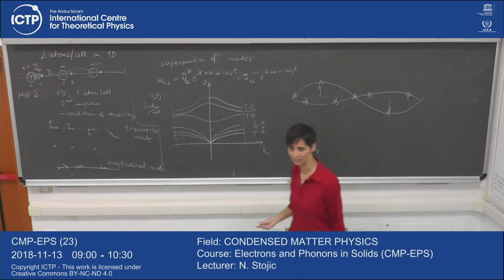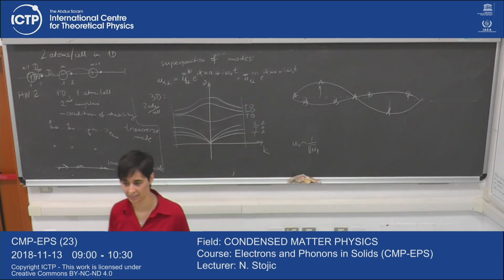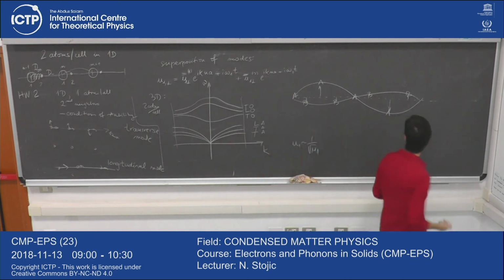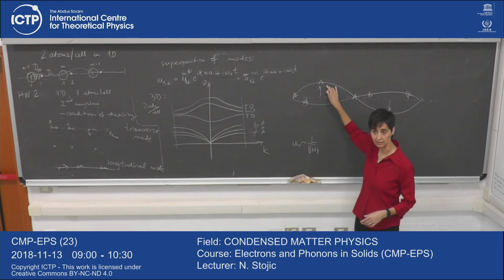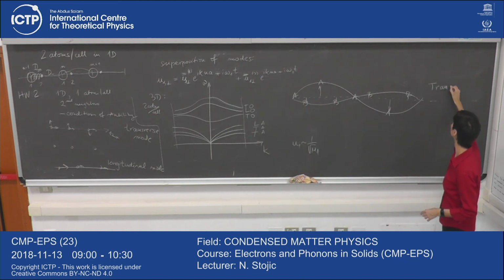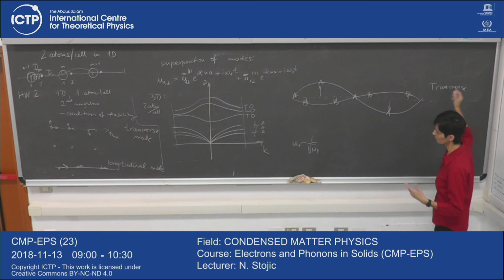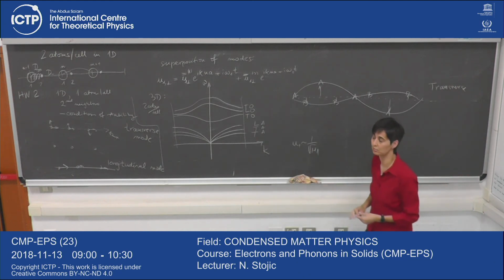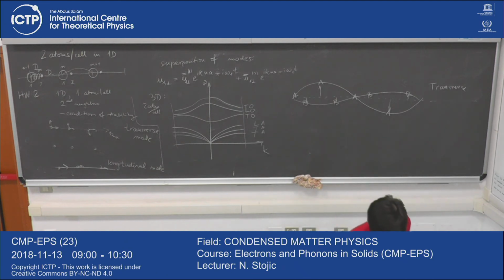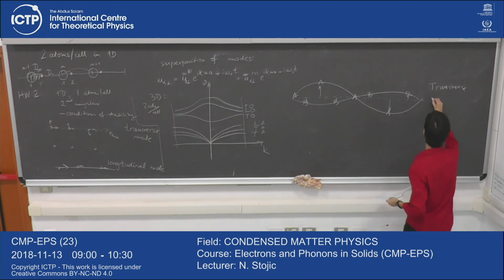And it makes sense. The heavier atom will move less, the lighter one will move more. So here atom A is obviously lighter, moves more. And this is the transverse optical mode, along one direction, let's say.